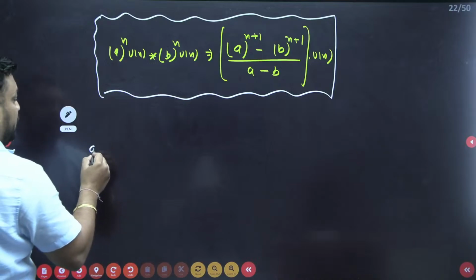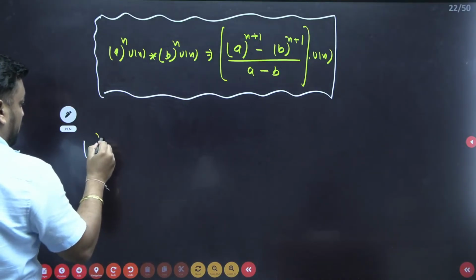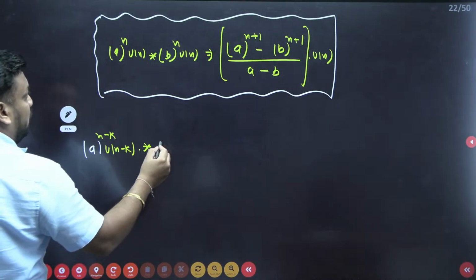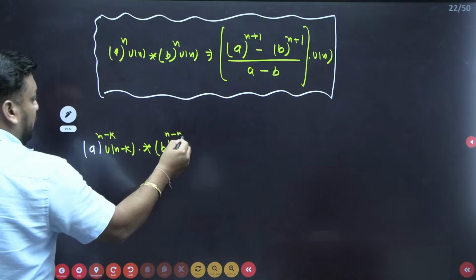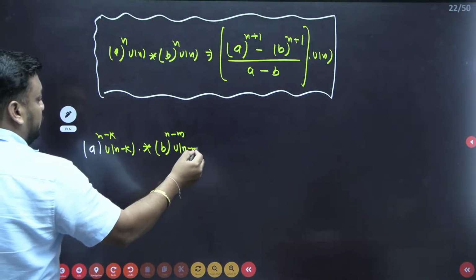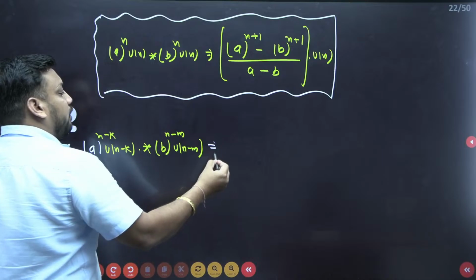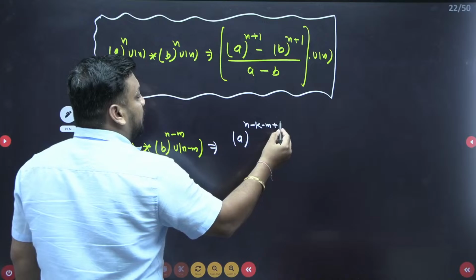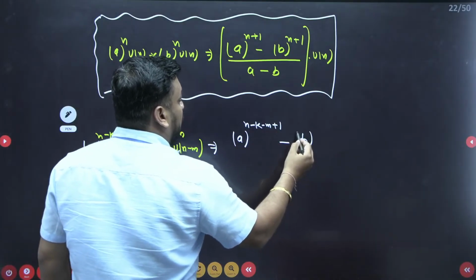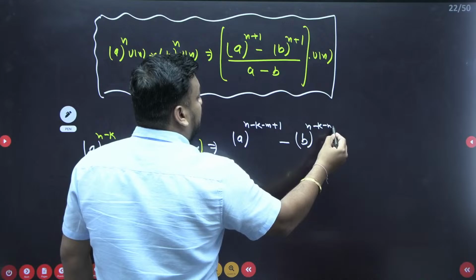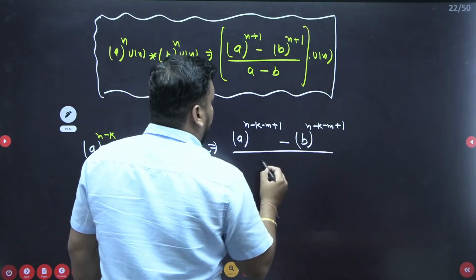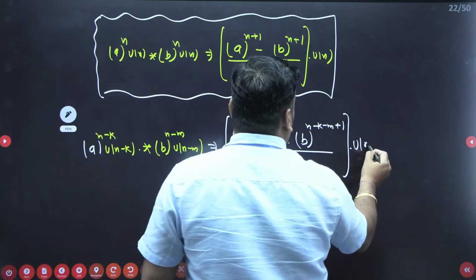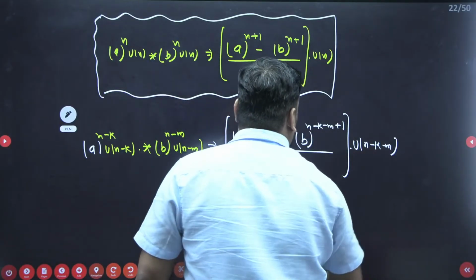And if I apply shifting here, a^(n-k) u[n-k] convolution with b^(n-m) u[n-m], then all the shifting will reflect here: (a^(n-k-m+1) - b^(n-k-m+1)) upon (a - b), whole bracket close, dot u[n-k-m].